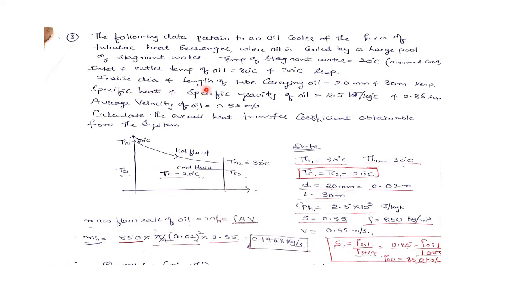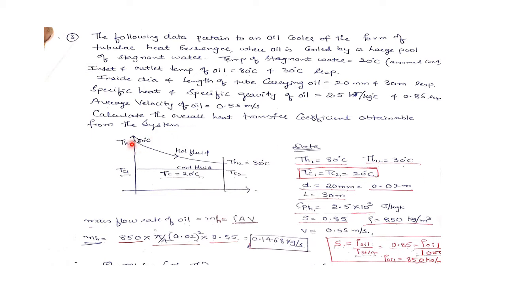The inside diameter and length of the tube carrying oil are 20 mm and 30 meters respectively. The specific heat and specific gravity of the oil are 2.5 kilojoules per kg degree centigrade and 0.85 respectively. The average velocity of the oil is 0.55 meters per second. Calculate the overall heat transfer coefficient obtainable from the system.